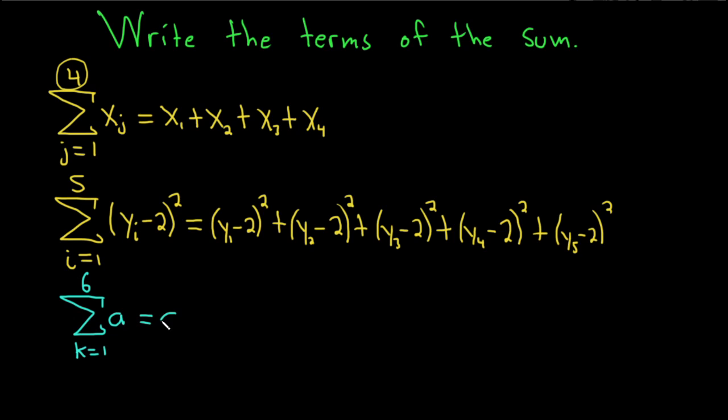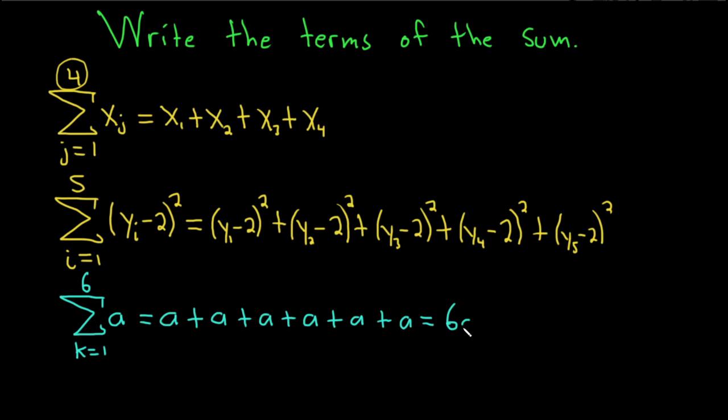So you just get a, and then you add, and then you get a again. So this is for 2, and then plug in 3. We get a. Plug in 4, you get a. Plug in 5, you get a. How many do we have? 1, 2, 3, 4, 5. Plug in 6, we get a. So we have a plus a plus a plus a plus a plus a. So you have 6 a's.